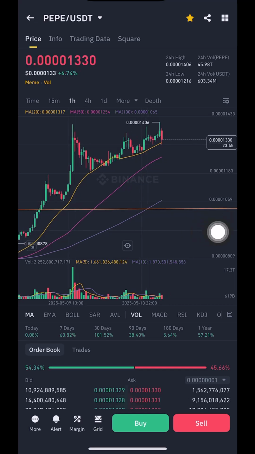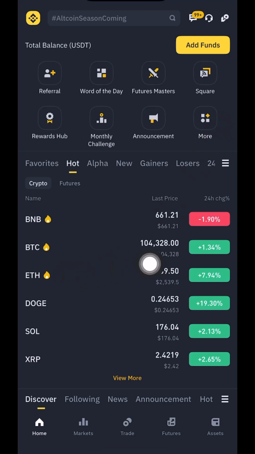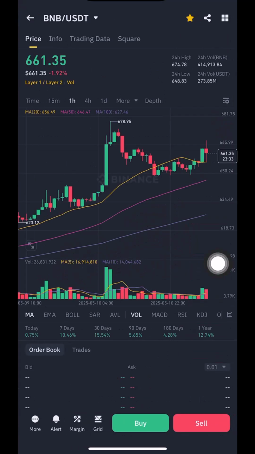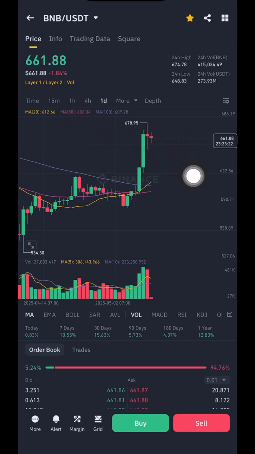For example, why is spot low risk? If you buy a coin, for example BNB, now the price is around $661 per coin. If you buy this coin right now, and you think it's going to go up, then if it goes up, you make profit.